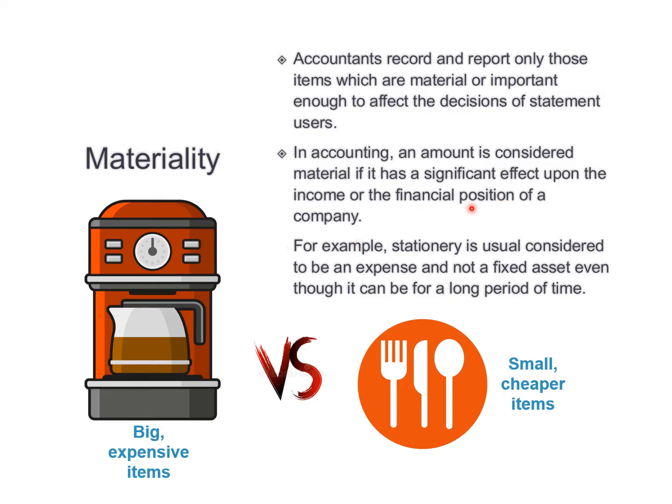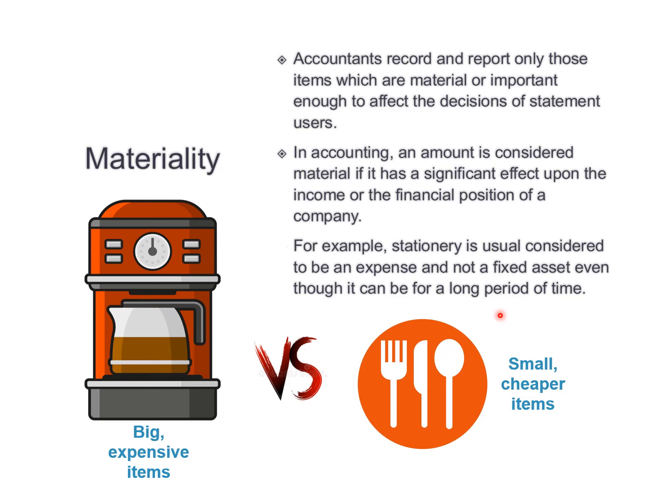Kita akan record benda tu sebagai material. Kita akan report dia dalam account kita kalau dia ada effect kepada income dan juga financial position. For example, stationery ni alat tulis, is usual and considered to be expense and not a fixed asset even though it can be used for a long time.